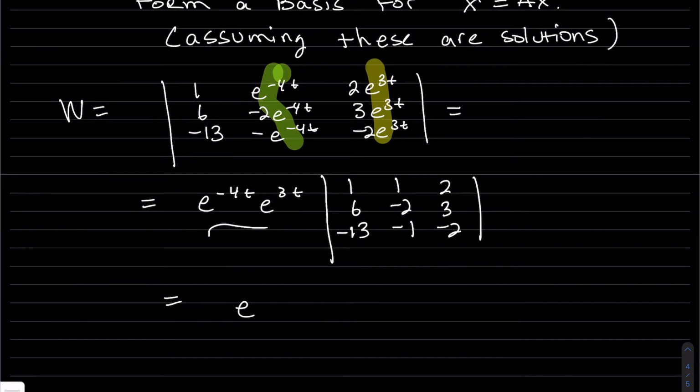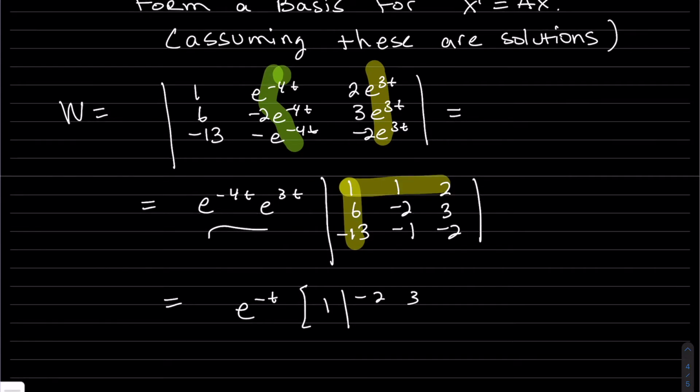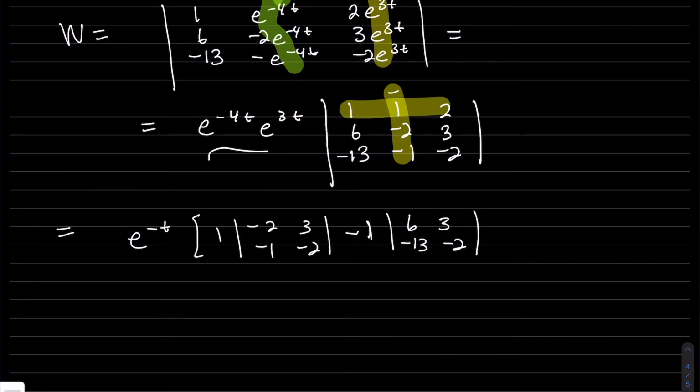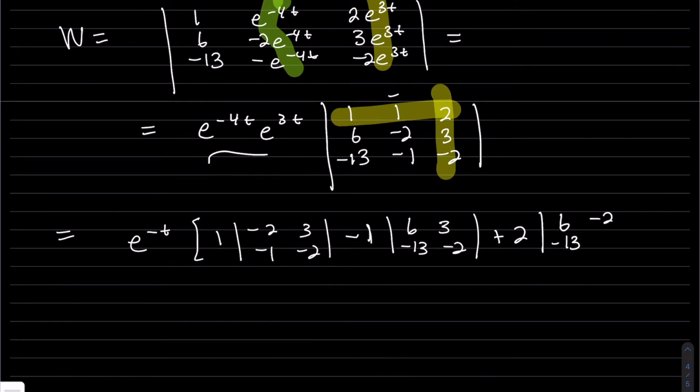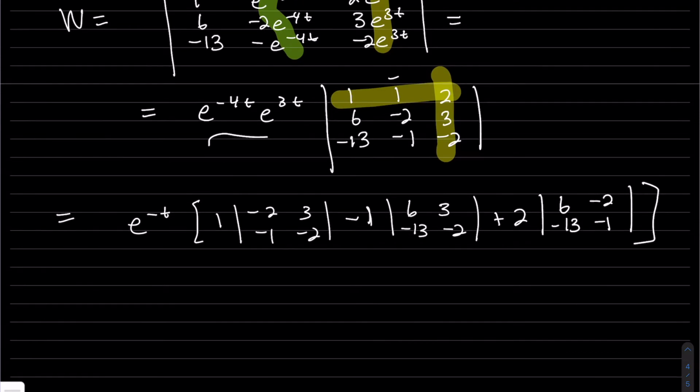You add the exponents, and then we can pick this row, 1 times the determinant of that minor, and then this minor, it's got to be minus 1, and the last, and then working this out.